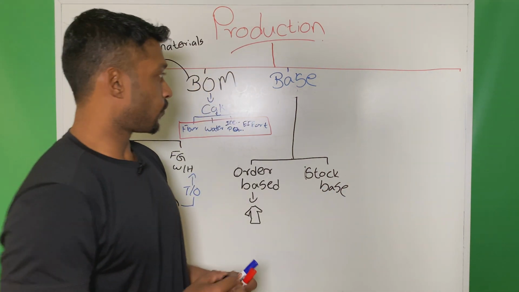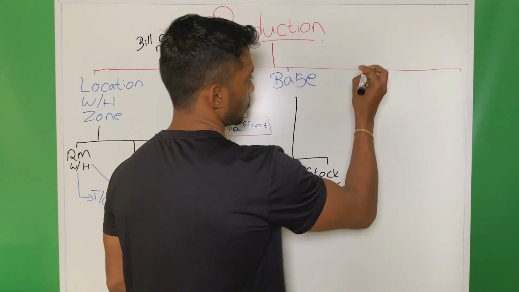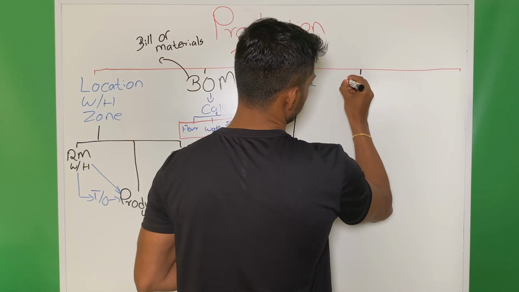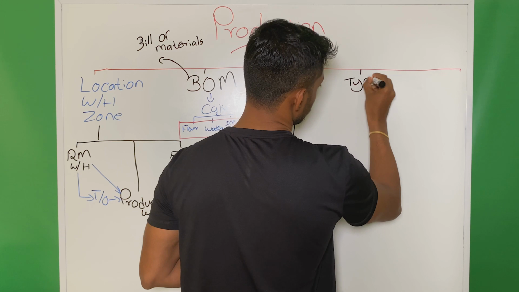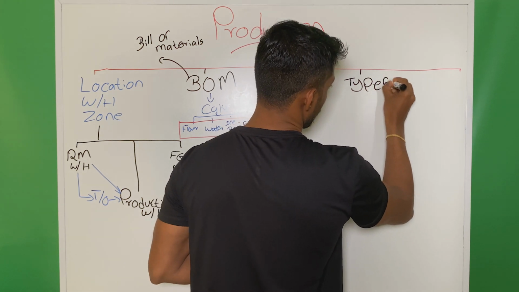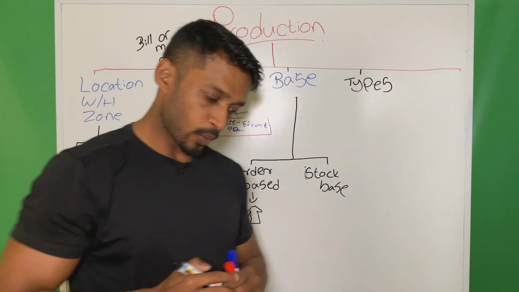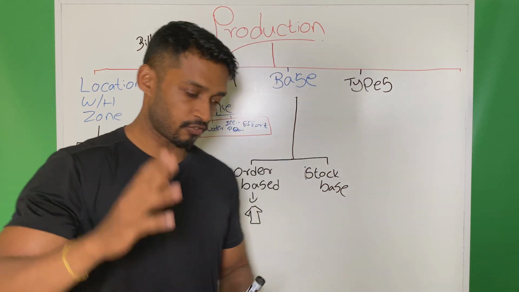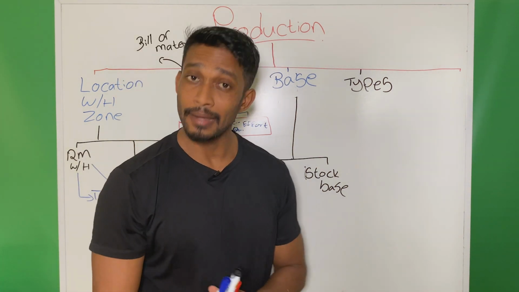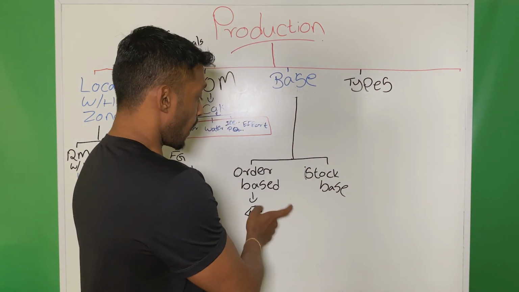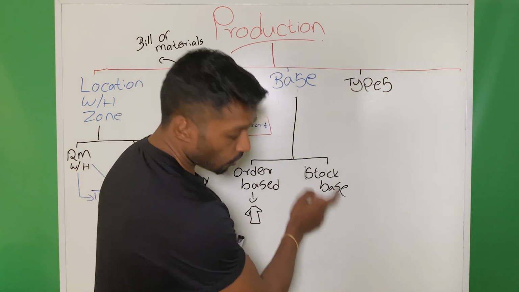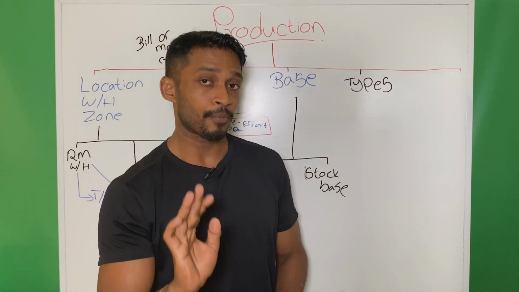Right. Fourth one, order types. When we start the production process, first we have to plan the production process. Either it is order based or stock based, we have to plan a production order.